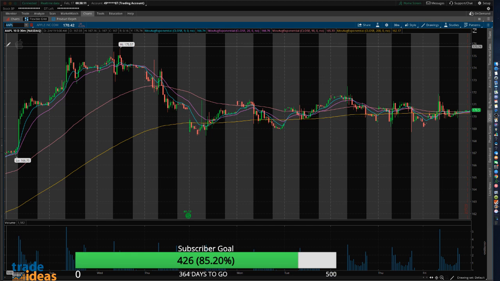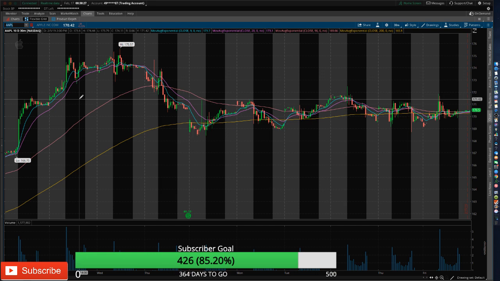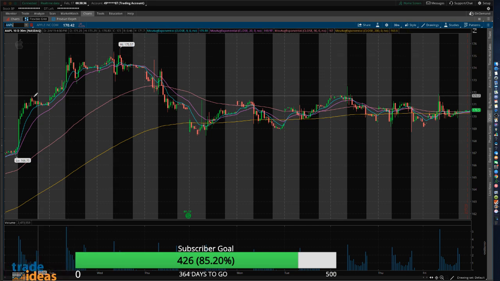We all know Apple, so we pulled up their stock chart here, and you can easily look at it, guys, and say, okay, it has some strong support at 168, some resistance up here at 170, 171, and some more resistance up at 175.